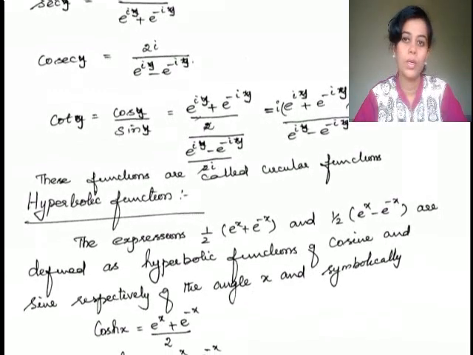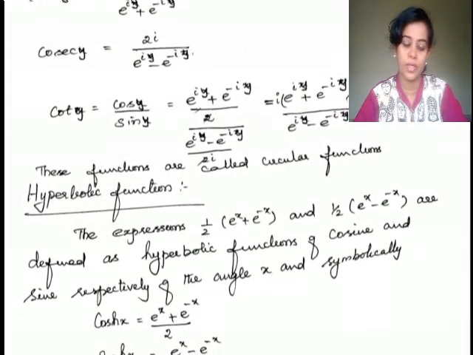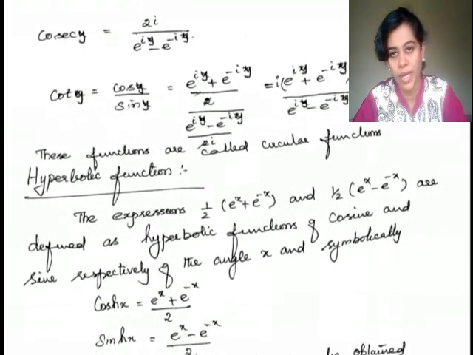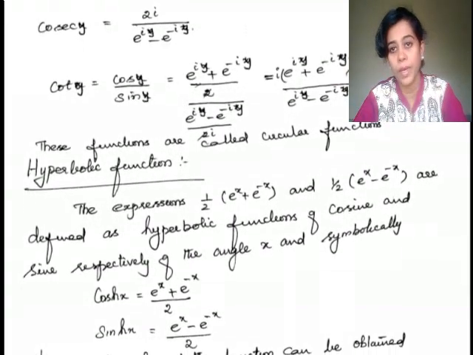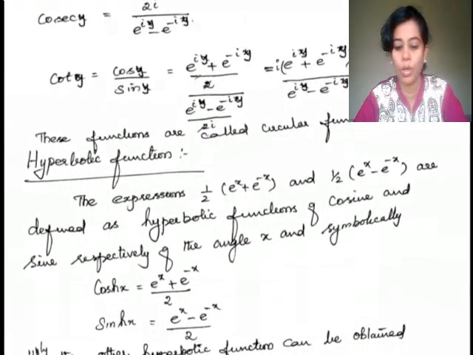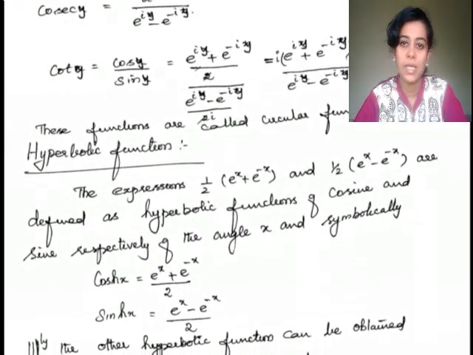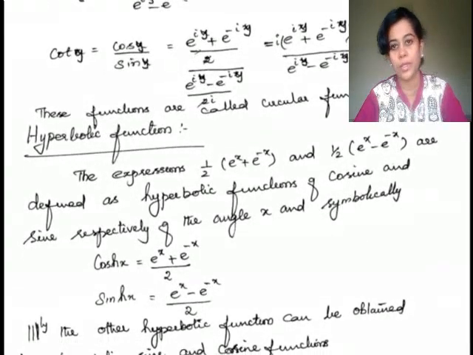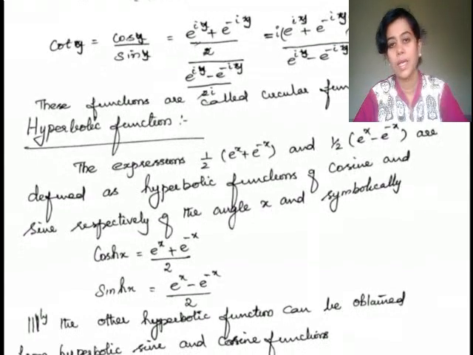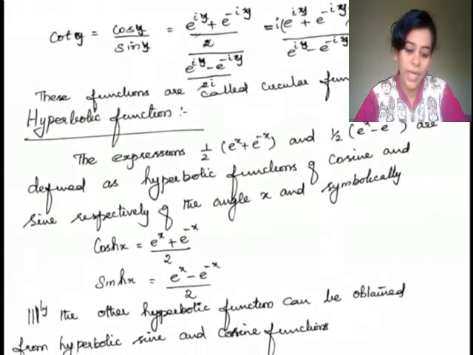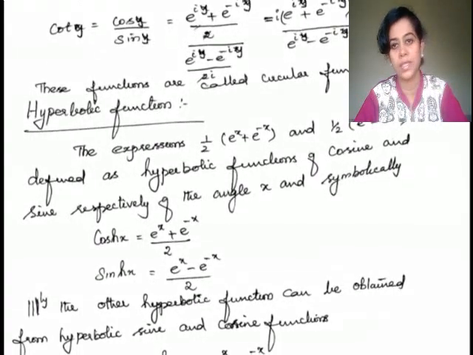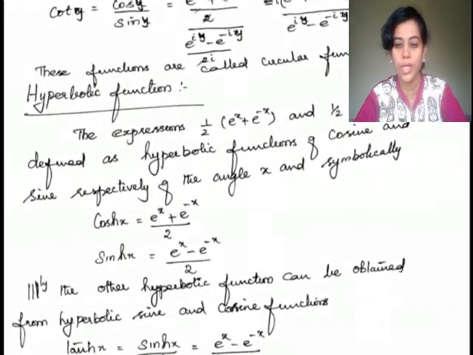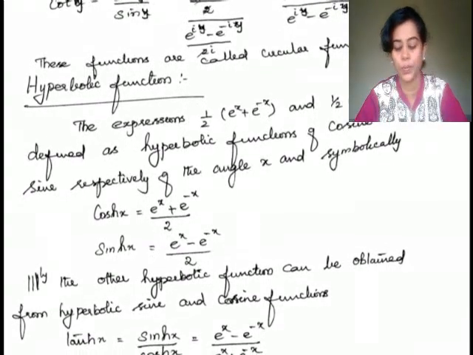Okay. Now, let me define the hyperbolic functions. The expressions half of (e^x + e^(-x)) and half of (e^x - e^(-x)) are defined as the hyperbolic cosine and sine of the angle x. Symbolically, sinh x = (e^x - e^(-x))/2 and cosh x = (e^x + e^(-x))/2.